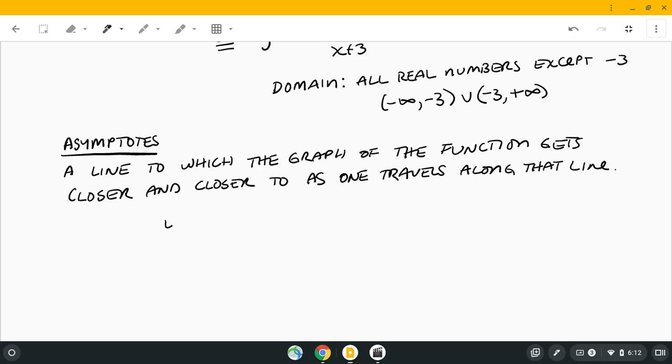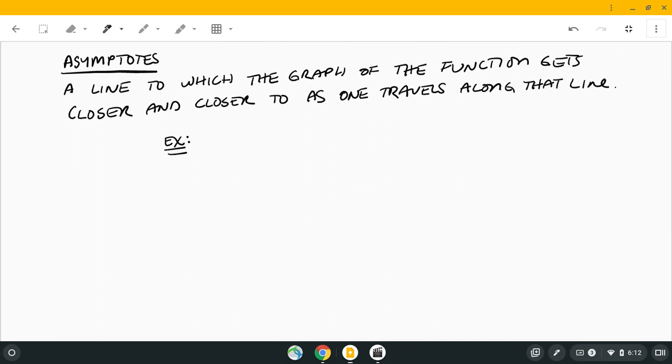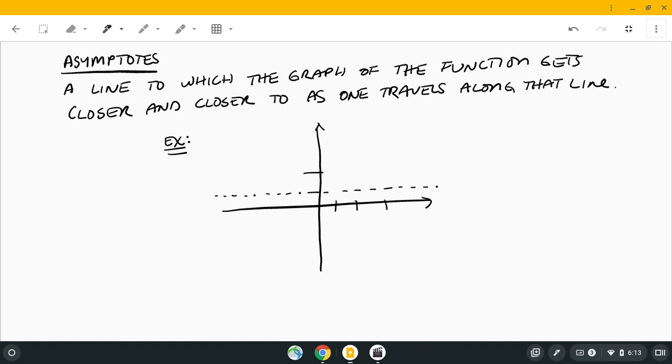Okay, so for example, you might have something that looks like this. Here's your graph. Okay. And maybe you have a horizontal asymptote, this horizontal line here at 1. And maybe you have a vertical asymptote over here at 2.